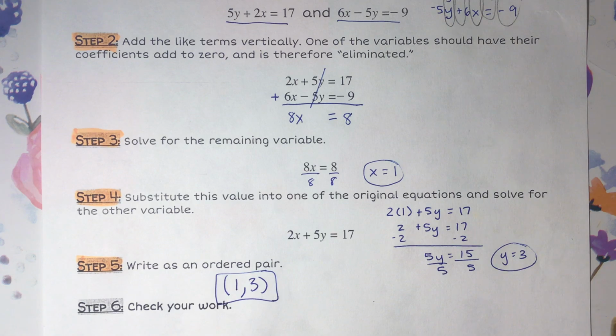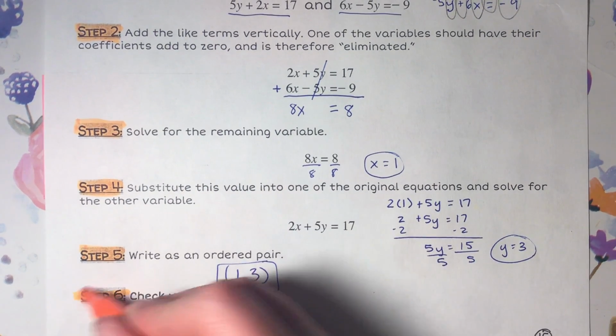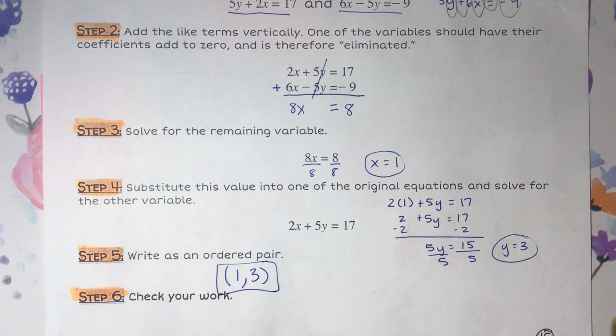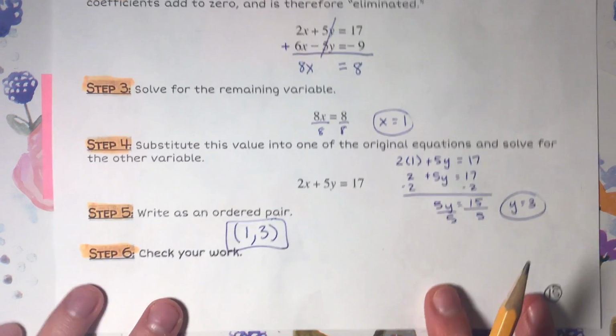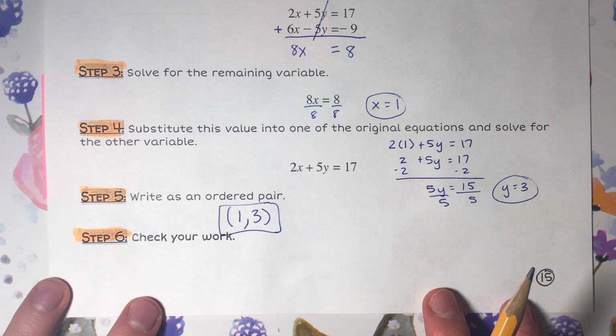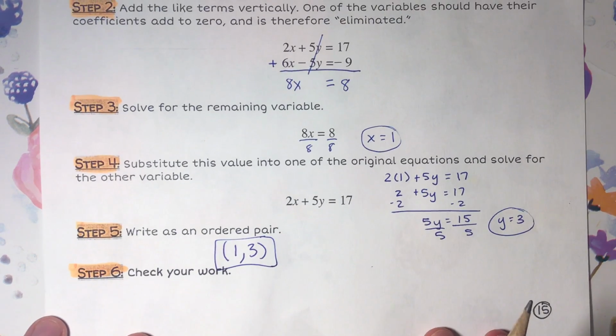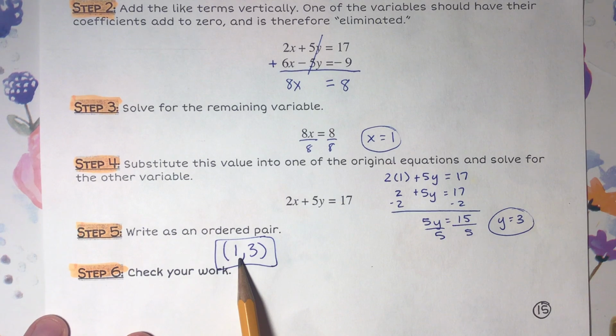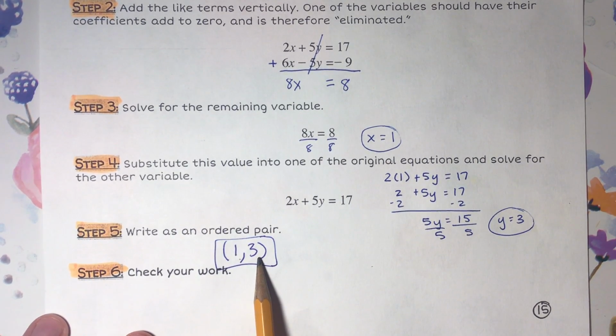There are so many places that we can make mistakes, and I know I make them all the time. So we do want to go back and substitute in our values into both of the equations to make sure that we have the correct solution. So I'm going to replace x with 1, and I'm going to replace y with 3 in both of the equations.